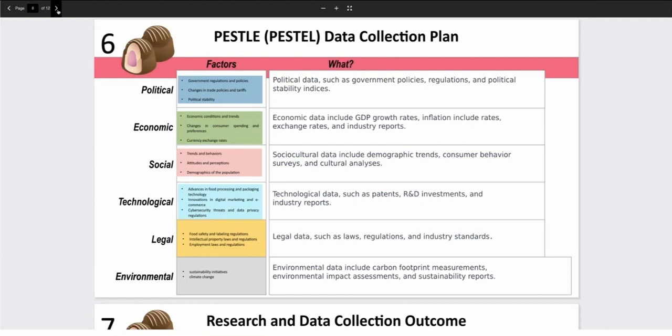Maybe you're working within the ministry or within an institution where you will have access to the internal database. This is just perfect. But you will also need to cite, or I would say to state, the source of your data and talk about your data collection plan in your PESTEL analysis.